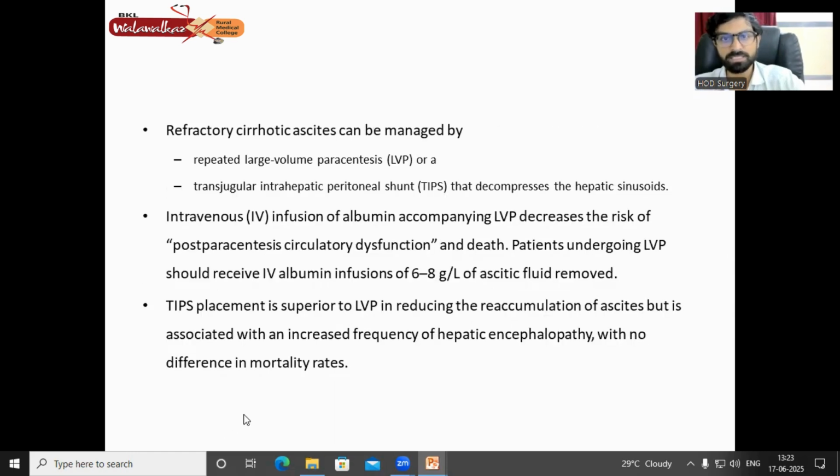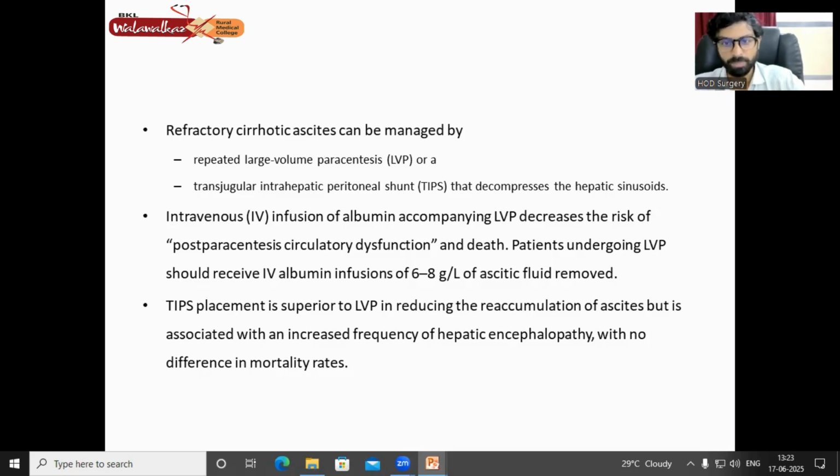Refractory cirrhotic ascites can be managed by either repeated large volume paracentesis, which is called LVP, or a TIPS, which is transjugular intrahepatic portosystemic shunt, that decompresses the hepatic sinusoids.